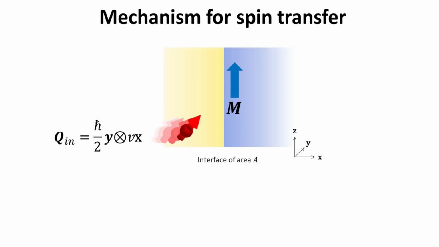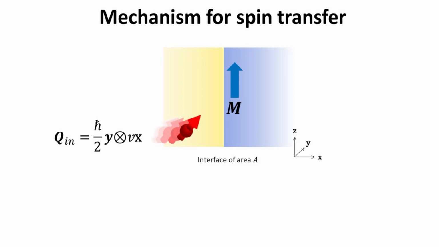What if the incoming spin is neither up nor down, but instead its spin orientation is tilted in relation to the z direction? That is, what if the incoming spin orientation is misaligned with the magnetization direction, as shown in the figure? Let's assume the incoming spins are oriented along the y direction, for simplicity. Its associated spin current is written explicitly.